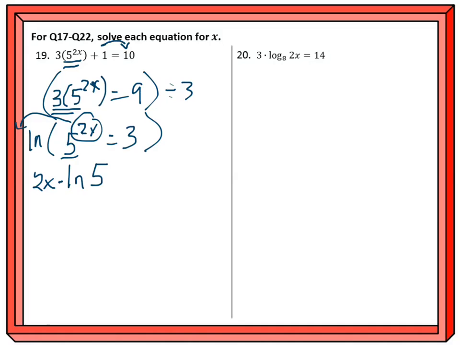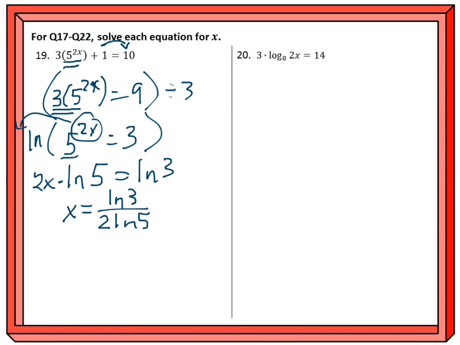I get to do that, of course, by the power property. It should be equal to the natural log of 3. To get x by itself, we got to divide by everything that is being multiplied times the x. That's the 2 and the natural log of 5. So you can write that as the natural log of 3 divided by 2 natural log of 5.